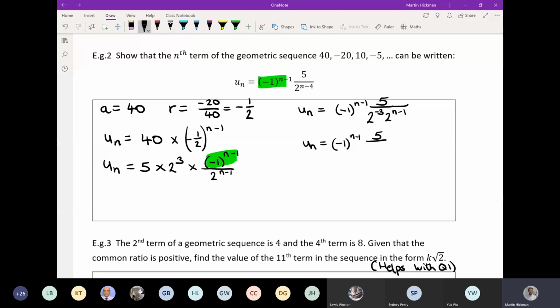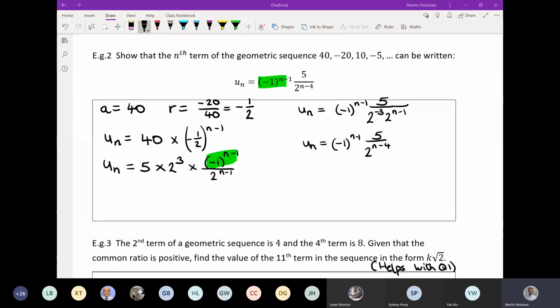And then it's just a case of multiplying these powers together on my denominator. So I multiply the indices, so I add the powers together. So n minus 1 minus 3, it's just going to be 2n minus 4, and then I've got the result that was required.